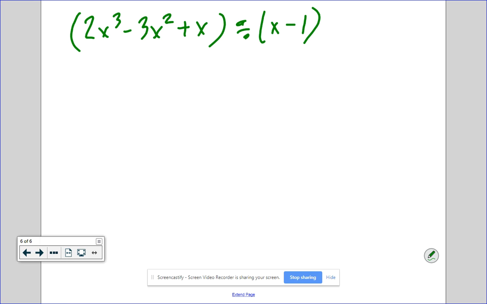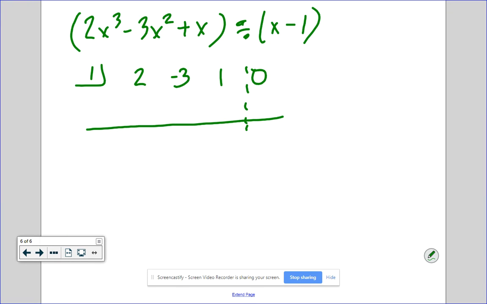Okay, you put 1 in the box, right? We're doing synthetic. Okay, so I have 2, negative 3, 1. What do I have to have? 0. Because again, every power has to be represented, from the highest power, which in this case is 3, to the lowest power, which is a constant, or 0.